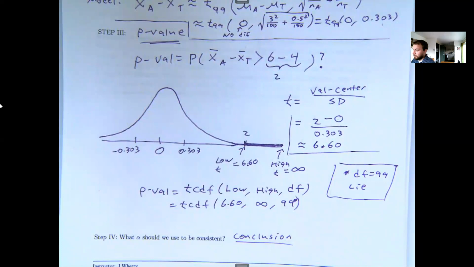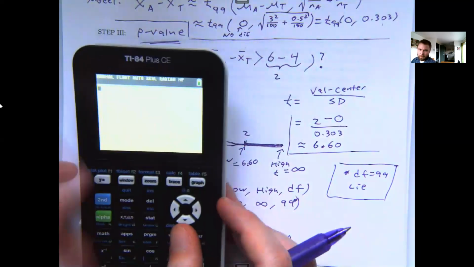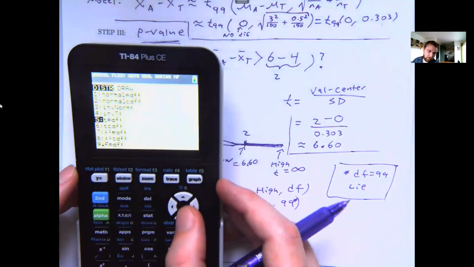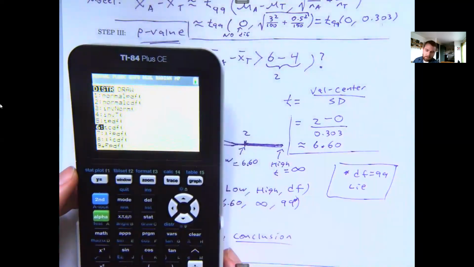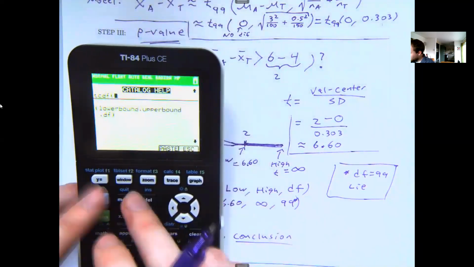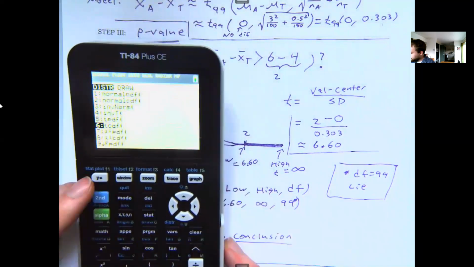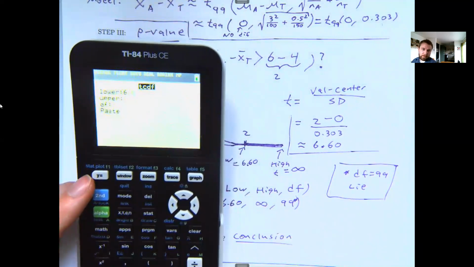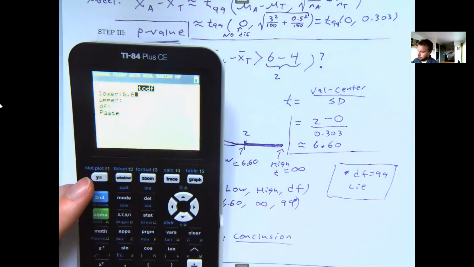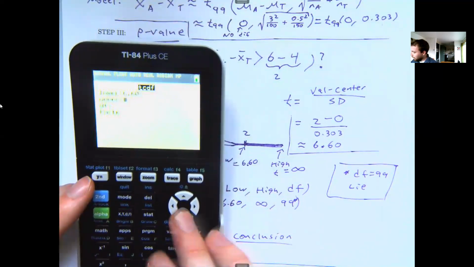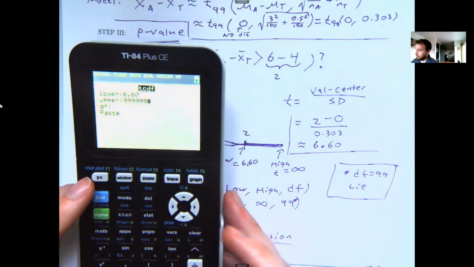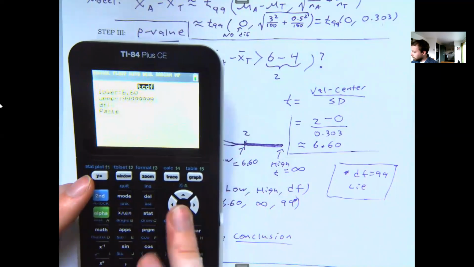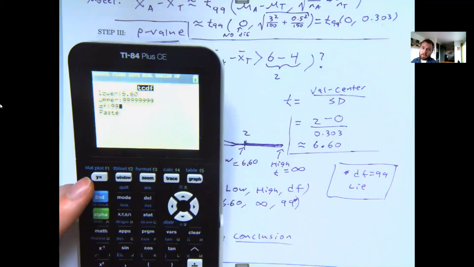So in my calculator, I'm going second vars on my TI-84 here, and I'm choosing the option for tcdf. My low value is 6.60. My upper value is infinity, so I'm just going to hit 9s a whole bunch of times. My degree of freedom is 99. I'm only going to hit 9 twice there.